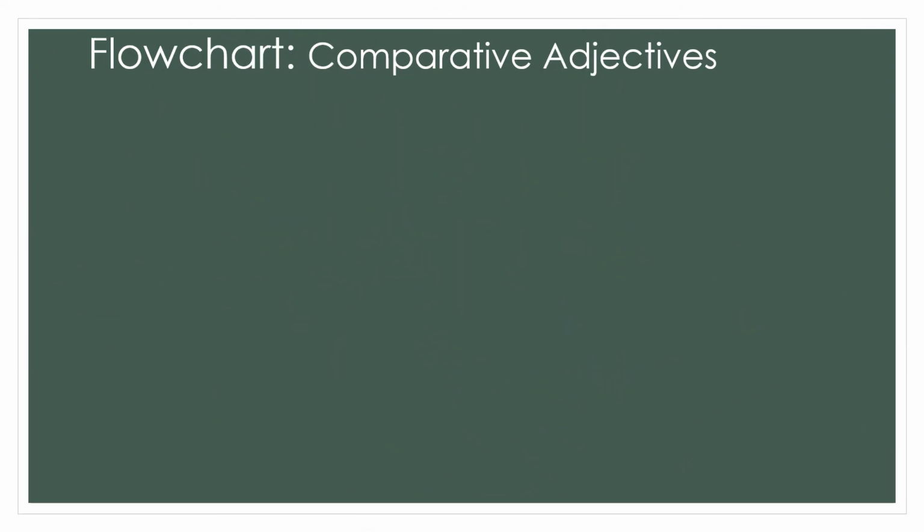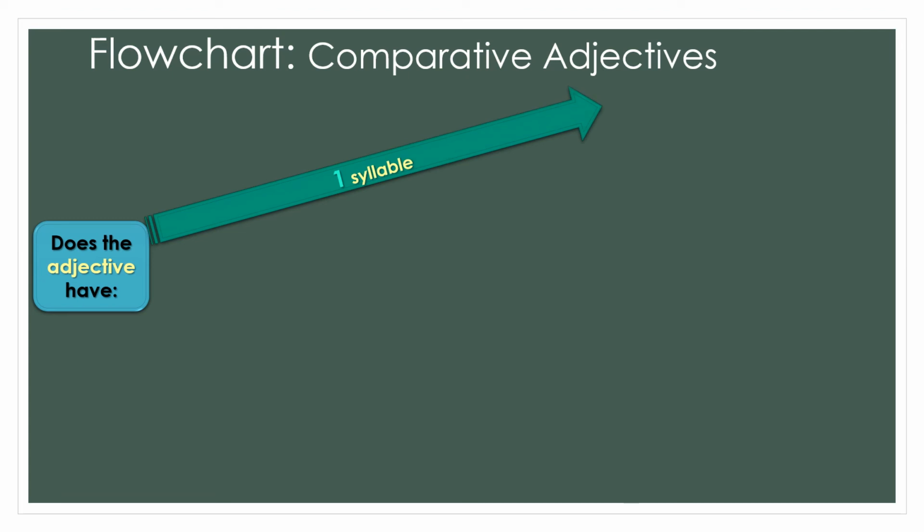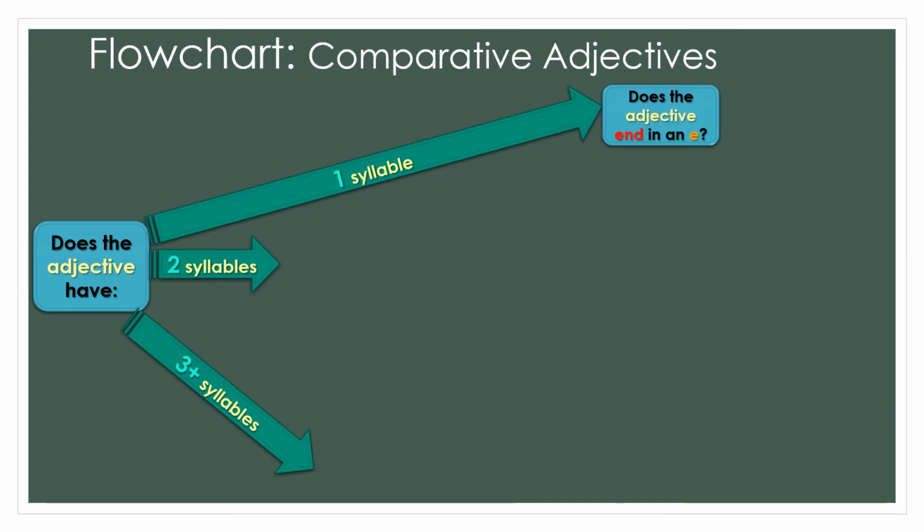This is a flowchart to help you with forming comparative adjectives. You first ask yourself, does the adjective have one syllable, two syllables, or three syllables? If it has one syllable, ask yourself, does the adjective end in an E? Yes? Add the letter R to the end of the adjective.